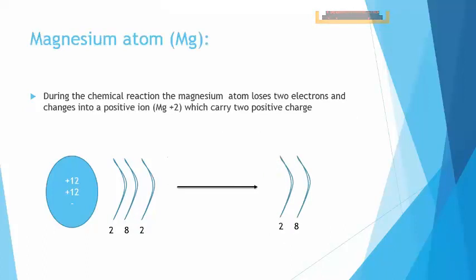A second example, magnesium. During the chemical reaction, a magnesium atom tends to lose 2 electrons from the outermost energy level and is changed into Mg2+. Why positive 2? Because magnesium loses the 2 electrons in the outermost energy level and carries 2 positive charges.